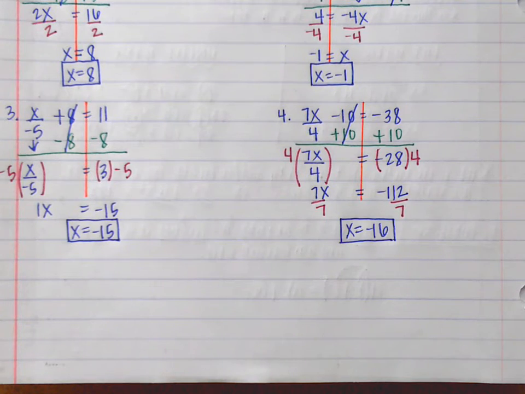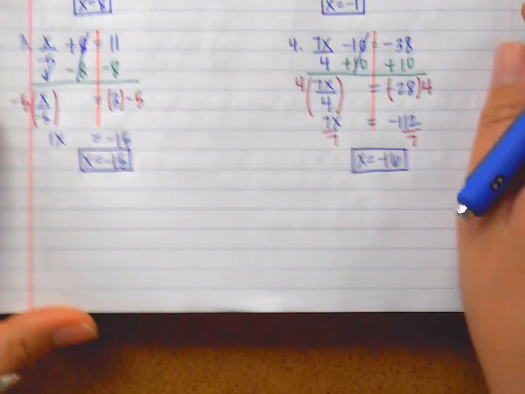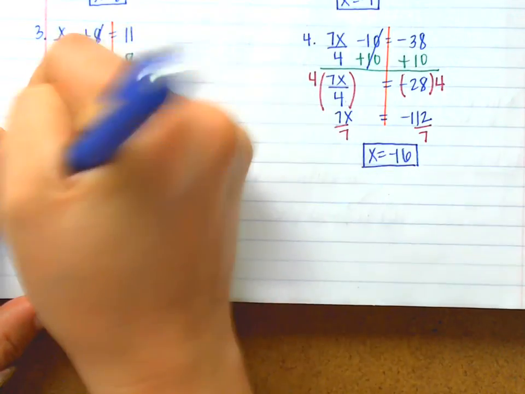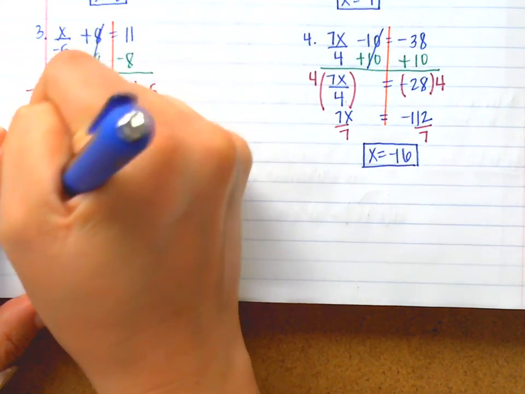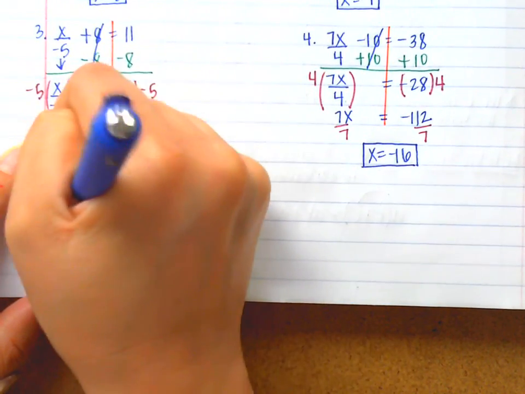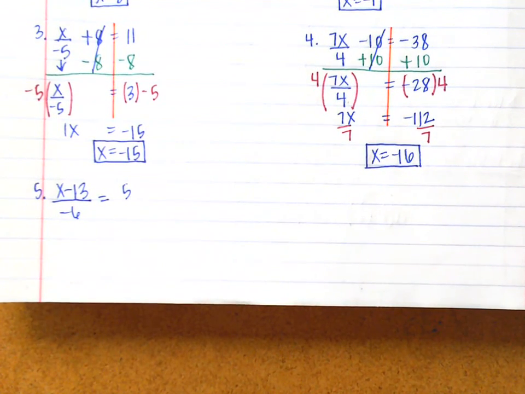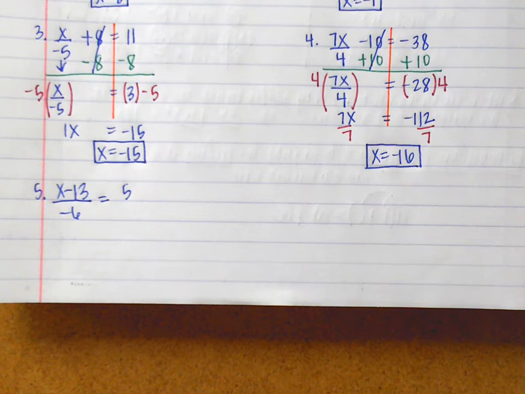Okay, last one that we're going to do. So number 5 is going to be our last example here. So we have x minus 13 over -6 equals 5. This one is a little different.